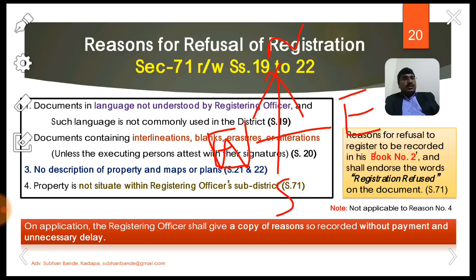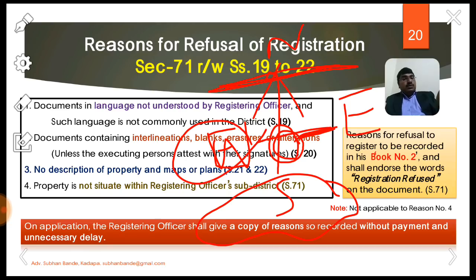They need to describe where the property is located. For example, Mr. X's property is located on the east side, there is a road on the north side, there are some fields on the south side, and there is a bungalow of Mr. Y on the west side.